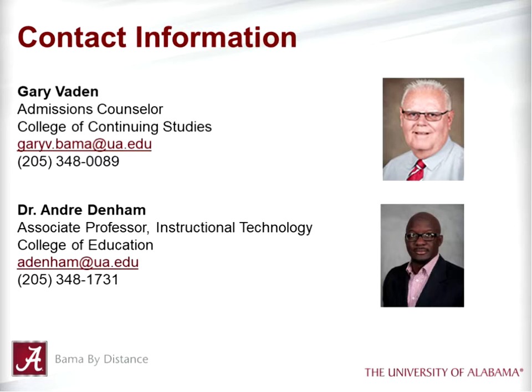Thank you, Dr. Denham. And Felicia wants to know, I'm sure you covered this question, but I'd like to know who is the contact person to be considered exempt from the GRE or MAT? That would be myself. You would email me. As I said, if you have a previous graduate degree, what we ask for is that you send us an unofficial transcript that shows that you completed a graduate degree.